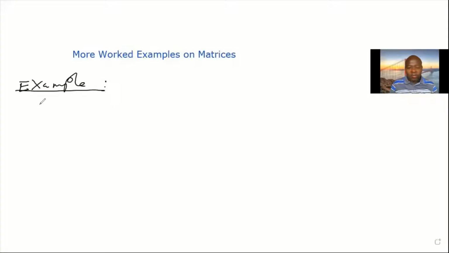We already talked of when we say that matrices are equal, and we say that matrices will be equal if they are of the same size and the corresponding elements are the same.